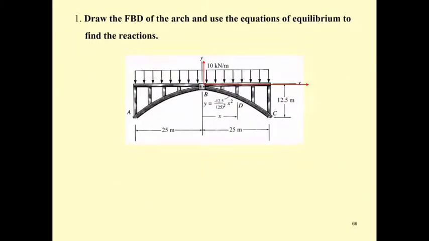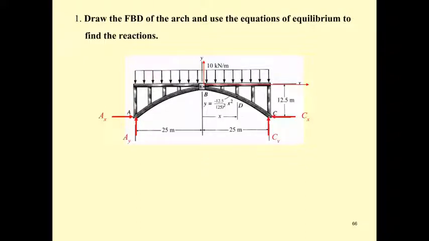Now we start by finding the reaction of the arch, and before finding the reaction of arch, just draw the free body diagram. Just take the support out, and you can have C sub x and C sub y.